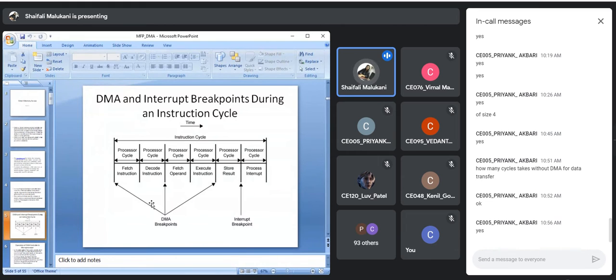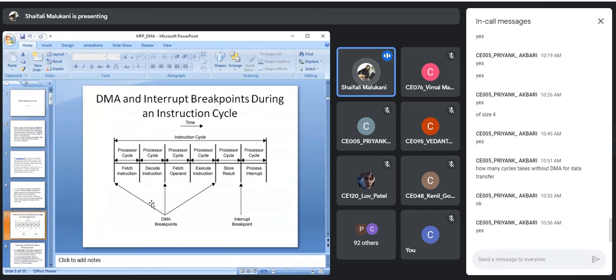After fetching I will check: if it is DMA, or a hold, I give my controls to DMA first. But if it is an interrupt, I will decode, execute, write the result back, store my things to the stack if required, and then give control to the interrupt.